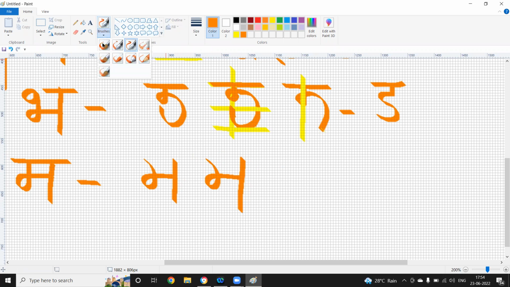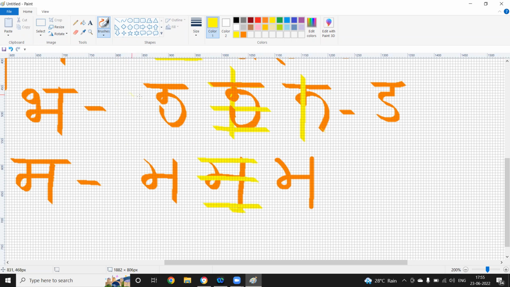And if I draw it with a non-calligraphic brush, this is how it's going to look. And within the lines, if I draw it, here I think I made the vertical stroke a little longer, so it's coming out from the line, but that shouldn't be the case.